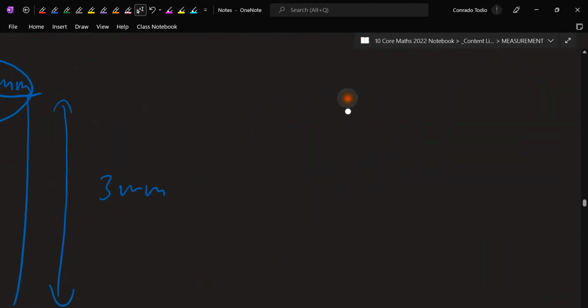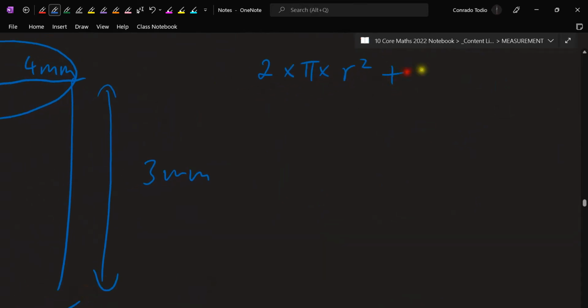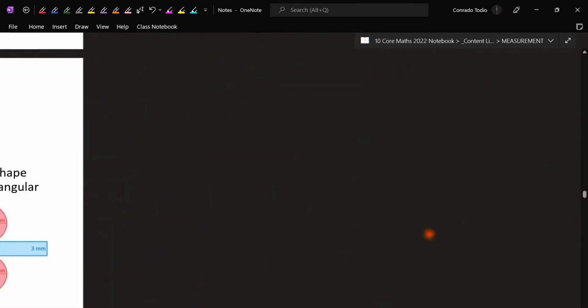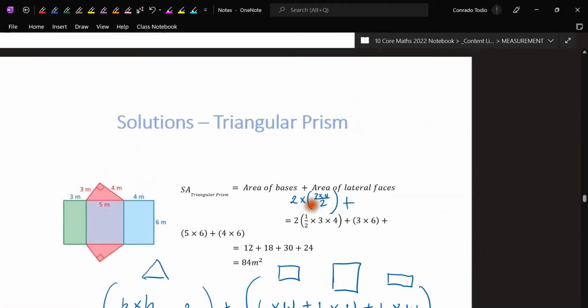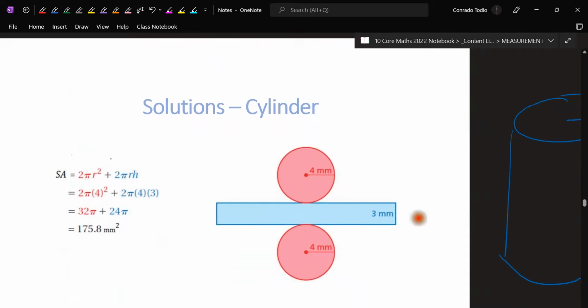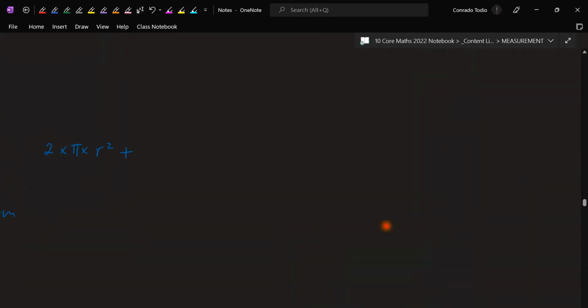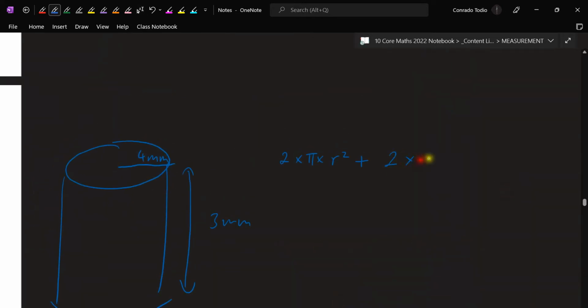So if I apply that here, it's 2 times pi times radius squared, plus the other half of that formula, which is 2 times pi times r times h, so 2 times pi times the radius times the height.